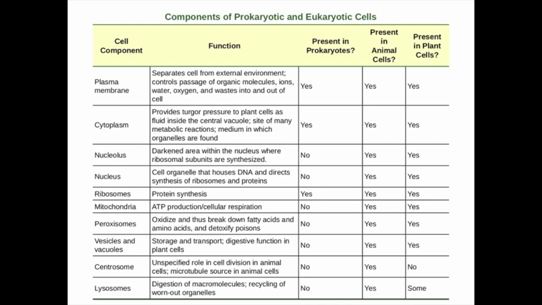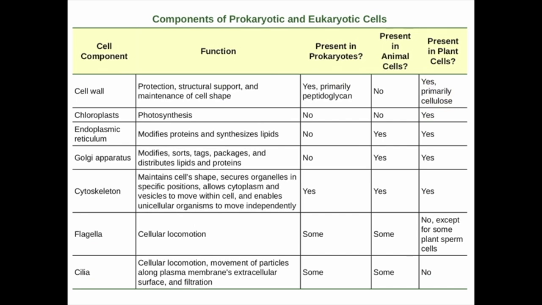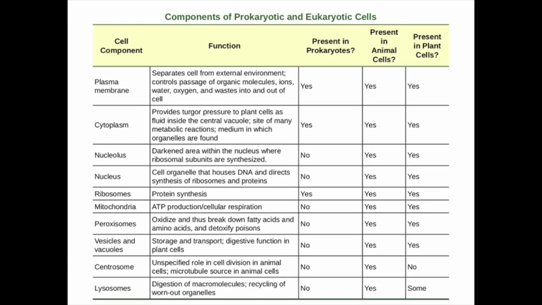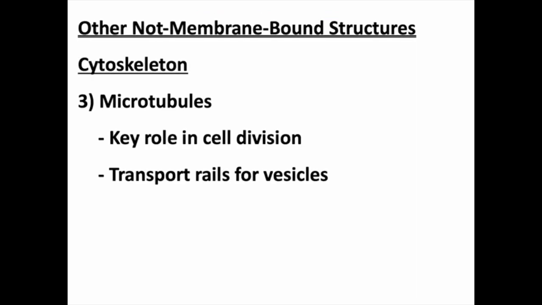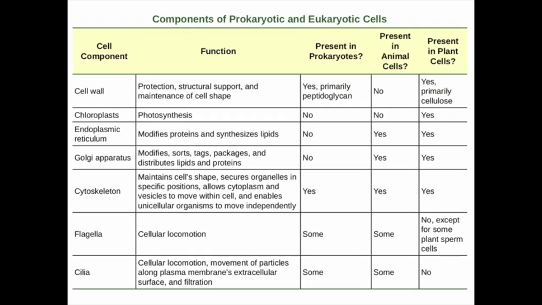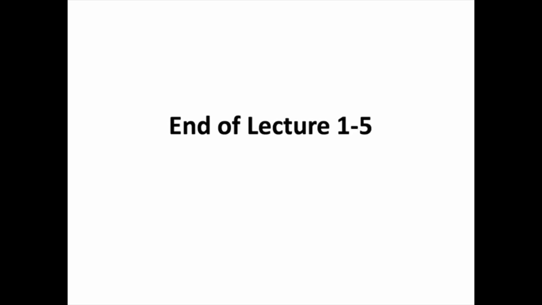But if you want a table like this, again, it's in my slides on Canvas, kind of just summarizing what we've talked about. But really, this is no new information. Everything that I wanted to say, I've already said as we've gone through these slides. I just wanted to point out that these exist in order to keep things organized. So that does bring us to the end of this chapter and to the end of Lecture 1.5.